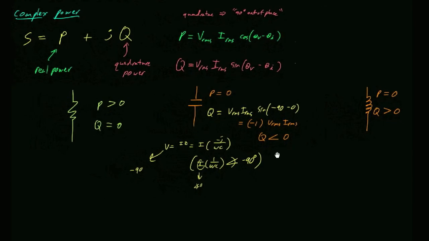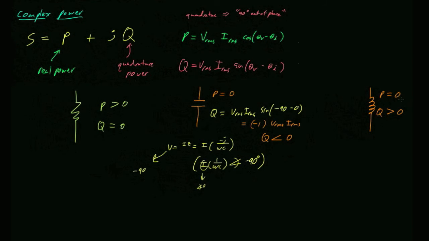But we can think about power as either real power, which is the kind of power that's dissipated in a resistor, or quadrature power, which is the kind of power that's dissipated in an inductor or a capacitor. And the sign of the quadrature power just tells you whether you're talking about something that's more capacitive or something that's more inductive. Okay. Well, let's have a quiz.